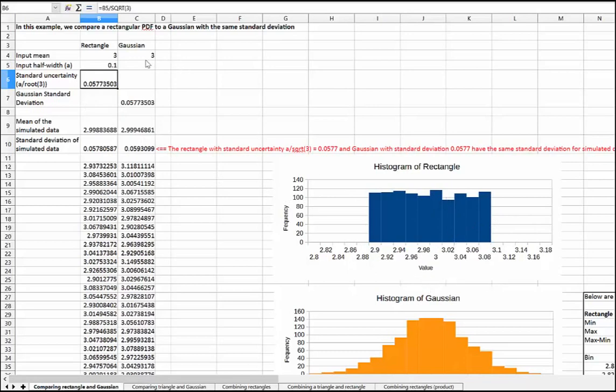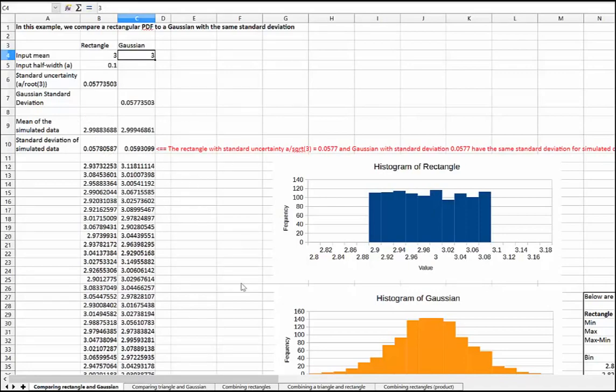Now, if I also simulate a Gaussian that has that same standard uncertainty, I also get something with a mean of 3 and a standard deviation of 0.05, not 7, just because the random numbers change every time you change something a little bit, but these are close enough to believe they're effectively the same.